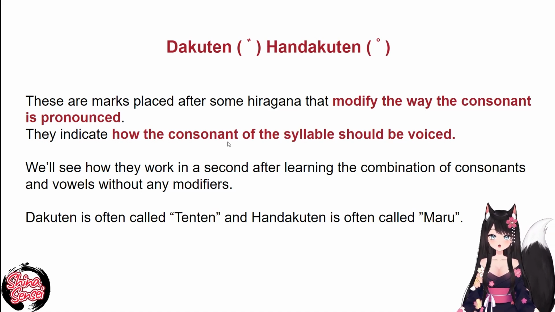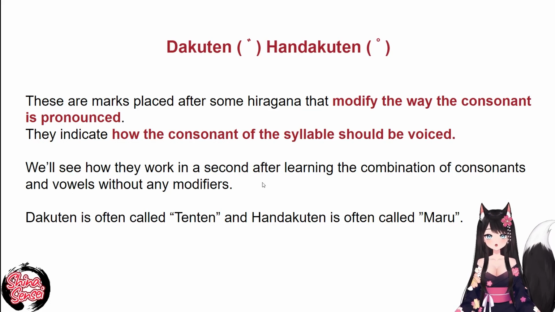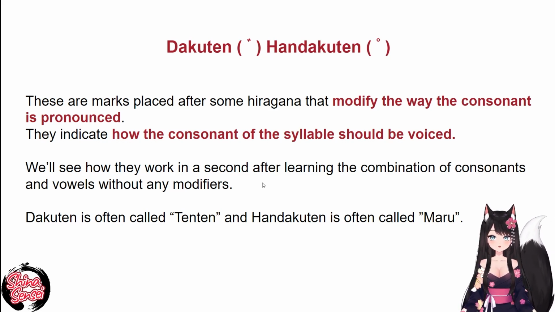They indicate how the consonant of the syllables should be voiced. So for example, it's the T changing into a D, like we practiced in hiragana. Well, it's the exact same in katakana. So again, they have a lot of similarities, so don't worry. Remember that dakuten we will call tenten, and handakuten we'll call maru because it's easier and a lot shorter.